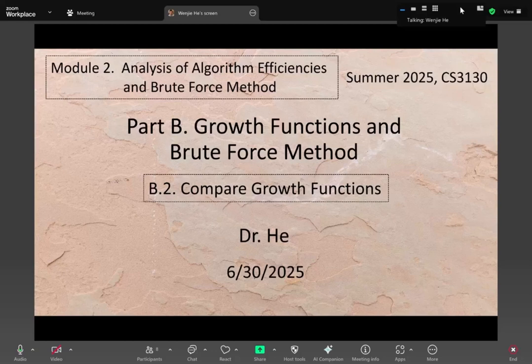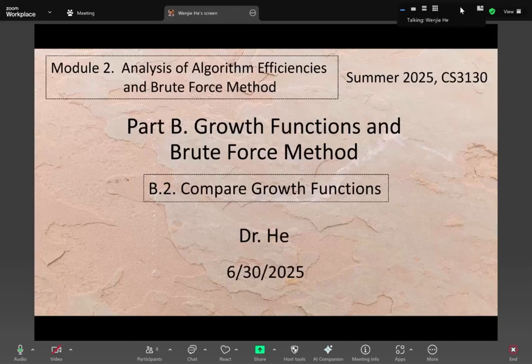We have two different solutions, solution 1 and solution 2. That means we have two growth functions. The first one comes from solution 1. The second function comes from solution 2. Now we want to compare these two growth functions. Which one increases faster?